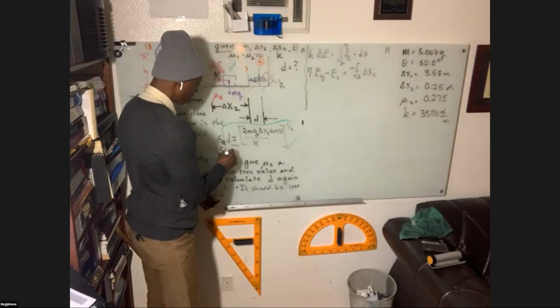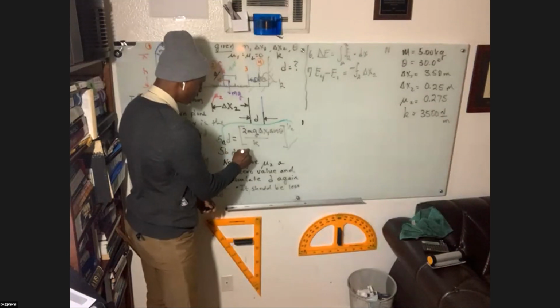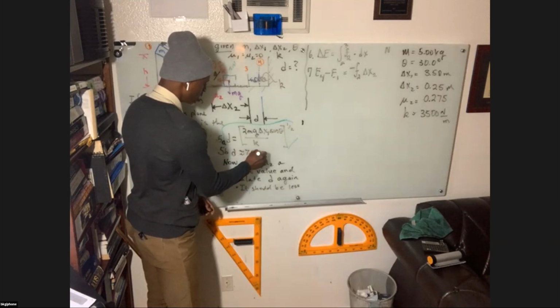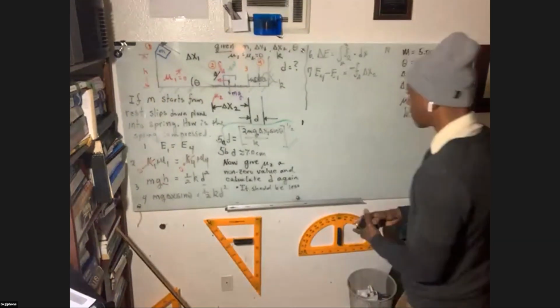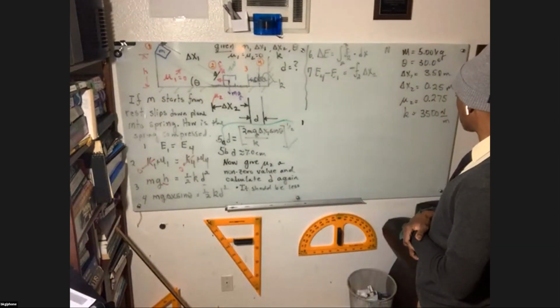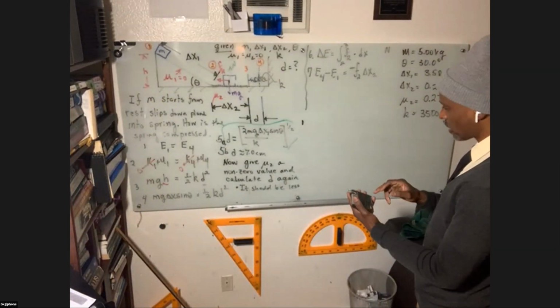So 5B, my first instinct was right. D is approximately 7 centimeters. So let me do that again to make sure that I'm thinking of that right. Actually, yeah, one more time.